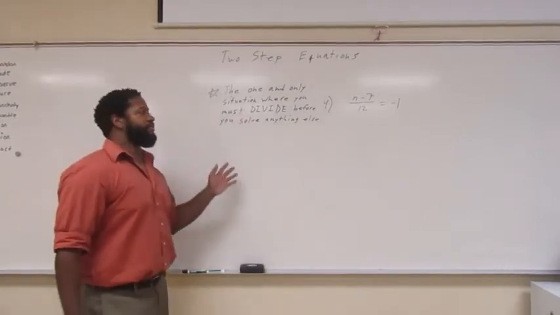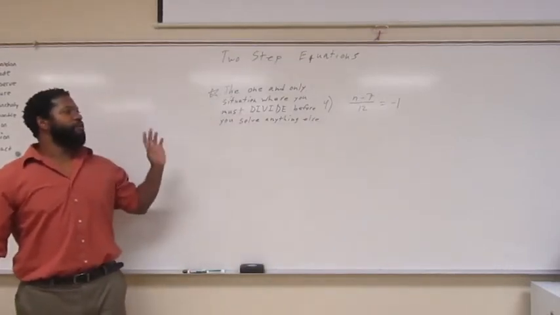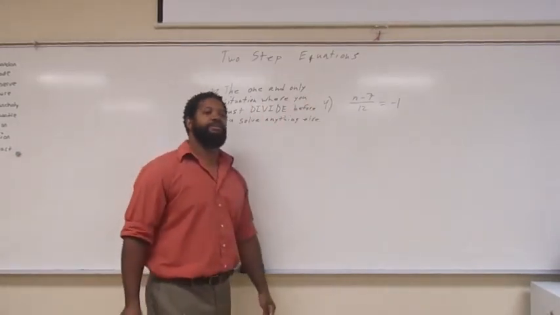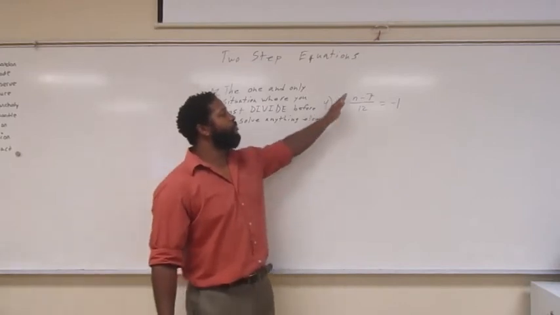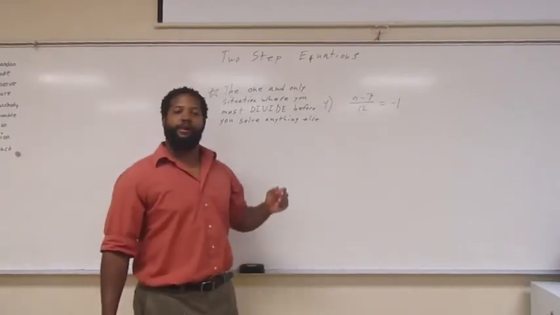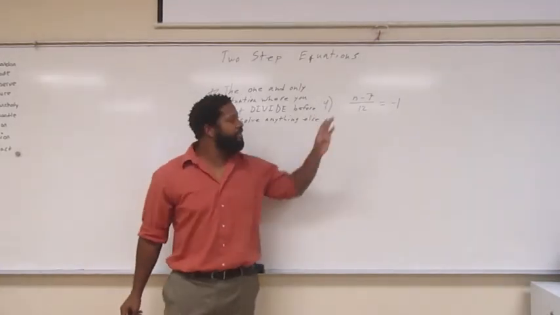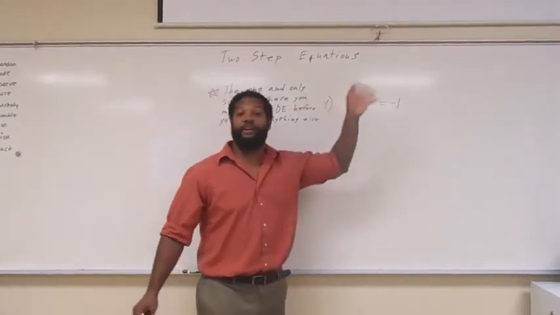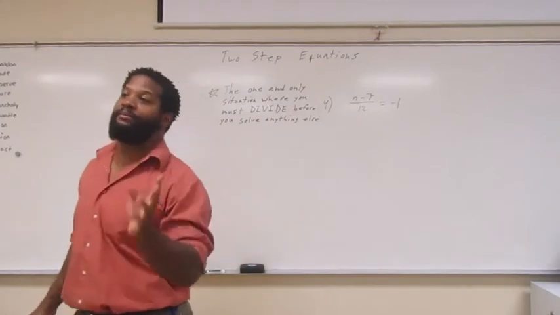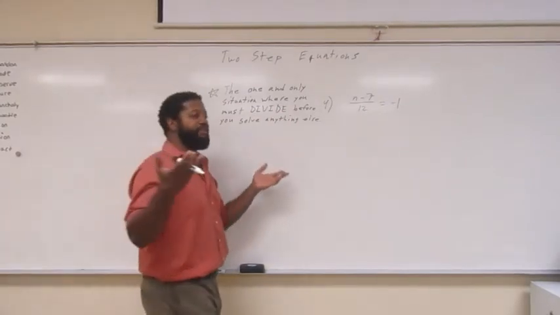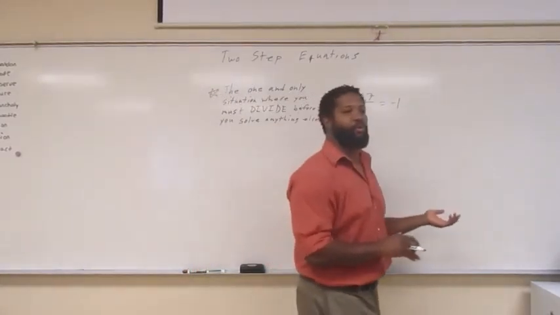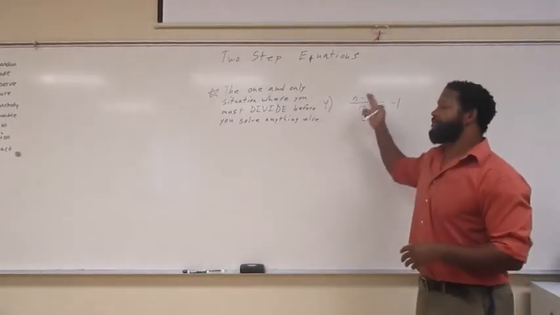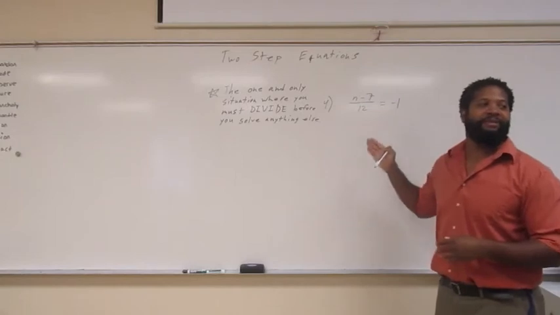The one and only situation where you must divide before you solve anything else. Right here. Boom. Okay? Reason being is because you have the whole equation in a division as a fraction. The whole equation right here is a fraction. You have your n or whatever variable you have, whether it be n minus 7, 6 plus x, x minus 12, x plus 13, whatever. We get it. It is over top of your denominator, okay?